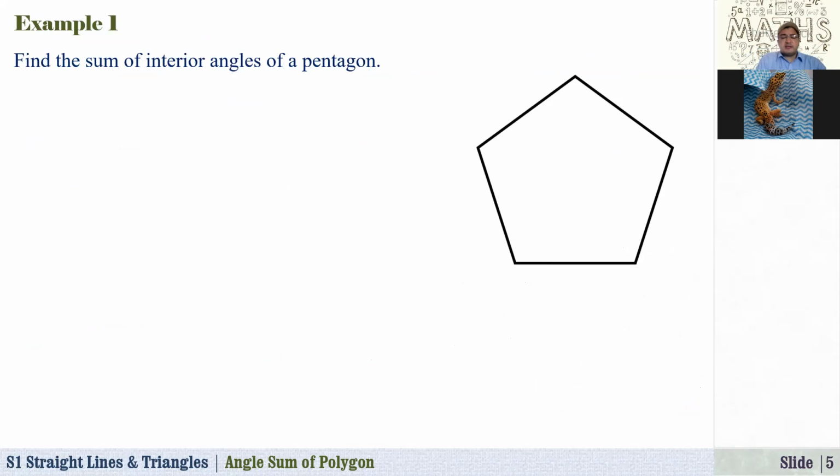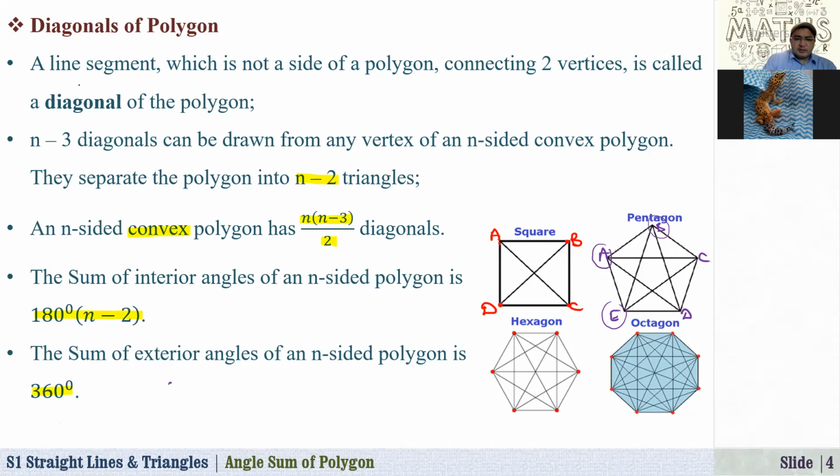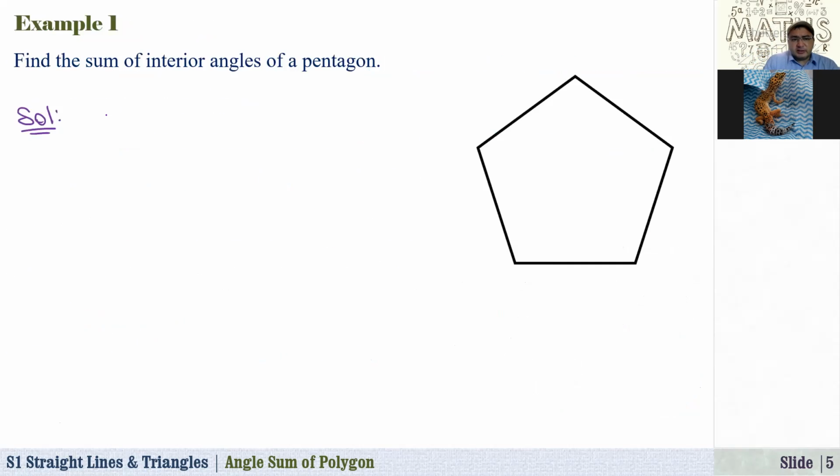Okay, in this question, find the sum of interior angles of a pentagon. How do you find this? The sum of the interior angles of an n-sided polygon is 180 times n minus 2. So here it has 5 sides.